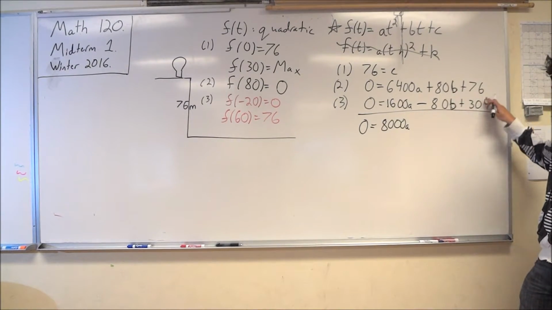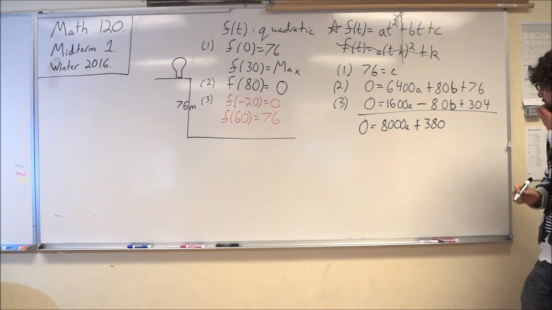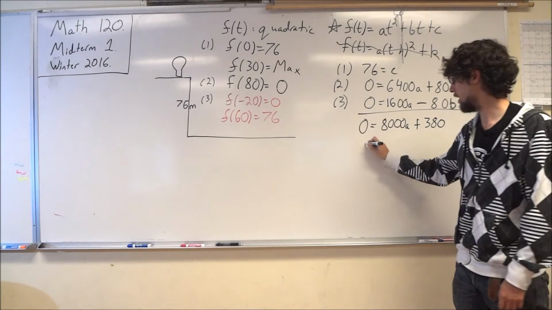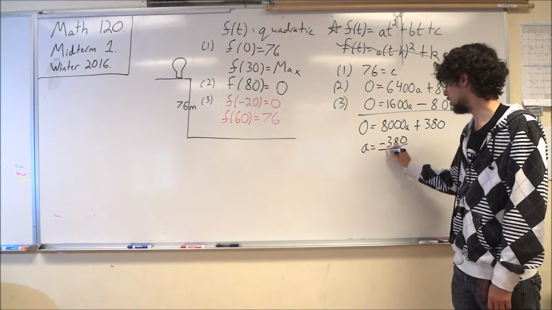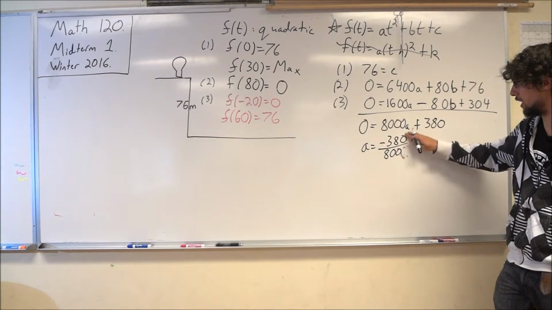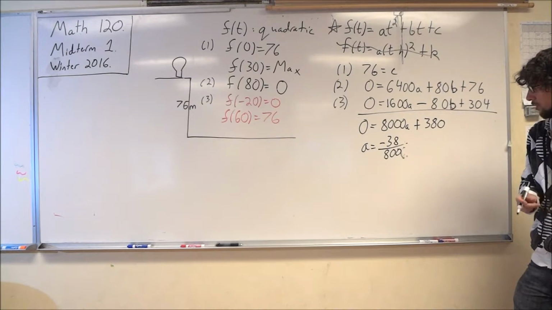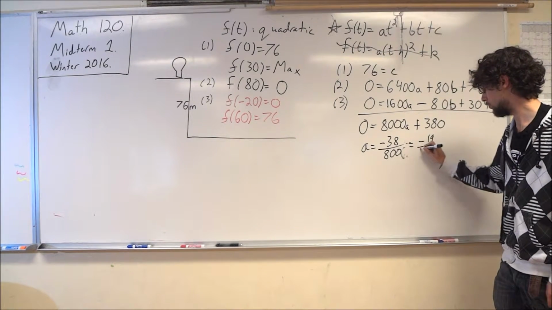This cancels out, and this turns into plus 380. So I find that a is equal to negative 380 over 8,000. Or I'll say negative 38 over 800. Maybe I'll say negative 19 over 400.